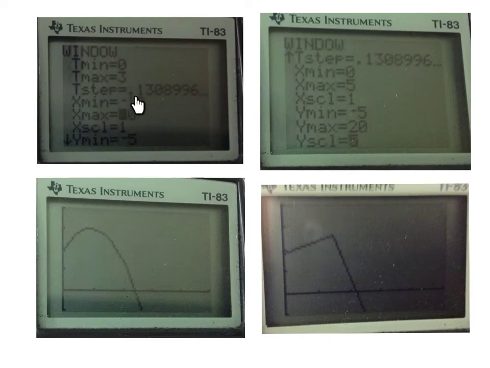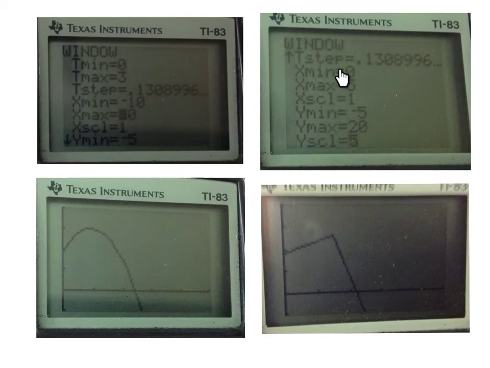This T step is the default setting, and I'm going to leave it as that. I know we talked about that with polars, and I'll come back to that in a second.